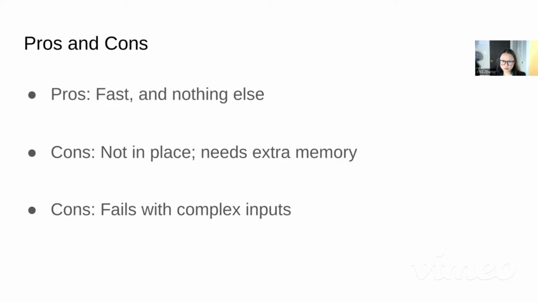If we need to sort a bucket of floating point numbers or strings, then extra memory would always be needed. So yeah, it fails with complex inputs. So in this sense, counting sort might not be that good.